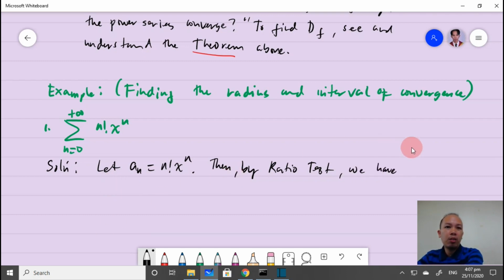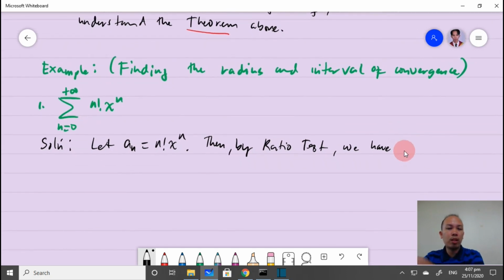I know that you now have the idea on how to choose which test to use. When you are going to use the root test, it must be that the given problem is raised to the power of n or something. Okay, so take the limit.